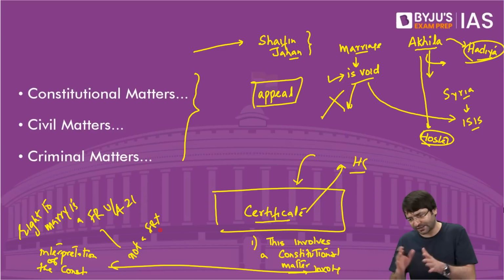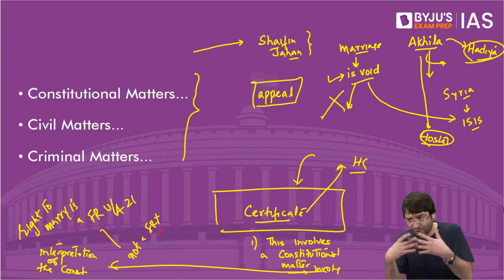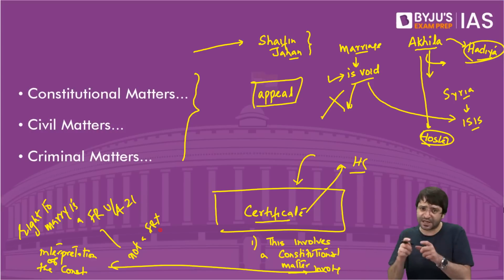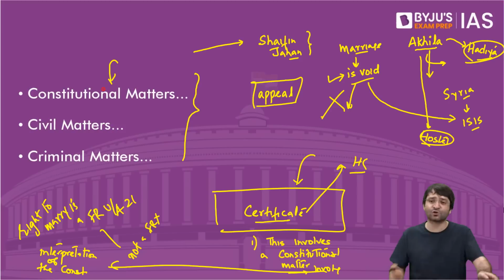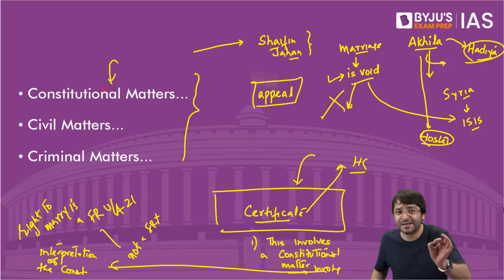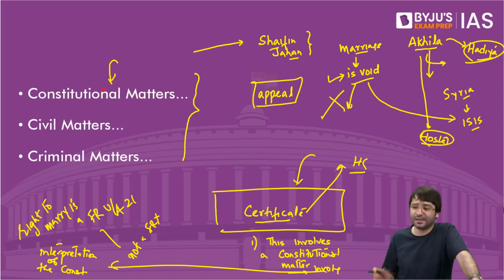If the High Court thinks that yes, this case involves interpretation of the Constitution, it involves a constitutional matter, that means such matters should be heard by the Supreme Court because the Supreme Court is the final interpreter of the Constitution. Take the certificate, file an appeal, and the Supreme Court will hear this appeal. That means the Supreme Court has appellate jurisdiction on these constitutional matters.